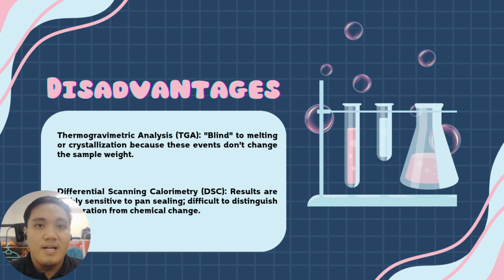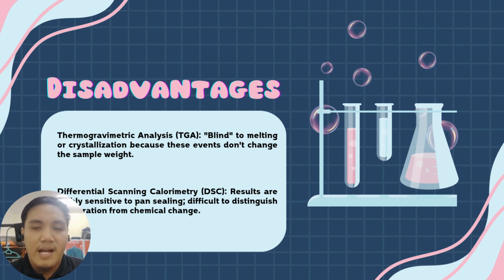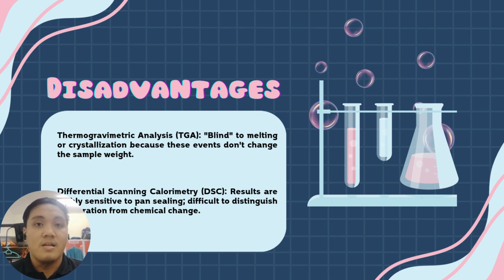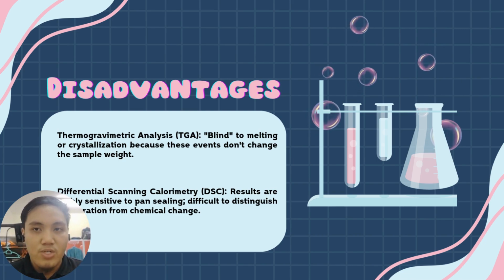However, there are disadvantages. TGA is effectively blind to melting or crystallization events because these processes don't change the sample weight. The DSC results can be highly sensitive to how well the pan is sealed, and it can sometimes be difficult to distinguish between simple evaporation and a chemical change.